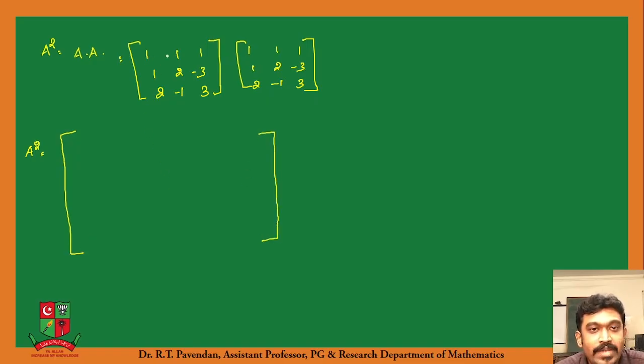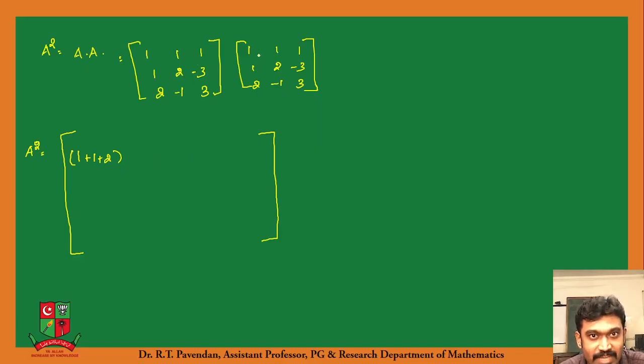So 1 times 1 is 1. Again 1 times this 1 is again 1. So I have to add 1. So 1 times 2 is 2. So this is going to be your first element. Likewise, first row with second column will be this element.